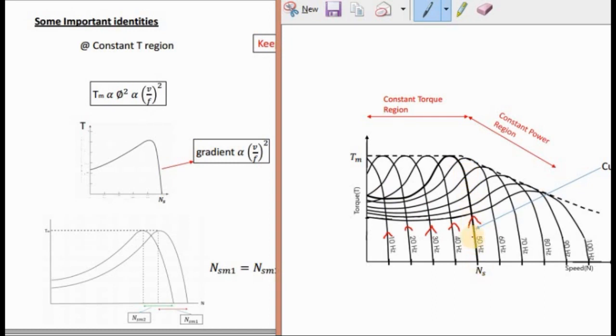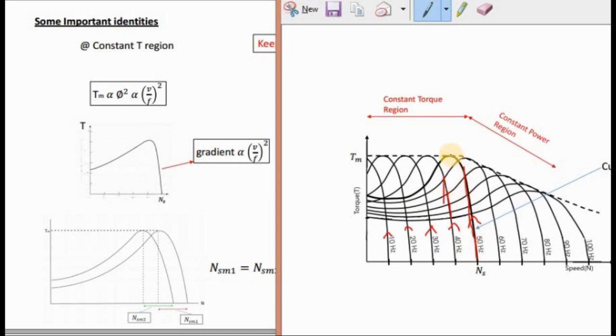You can assume these lines are parallel to each other, and these are straight lines. The gradient of these lines is V by F squared. Here you can see 50.